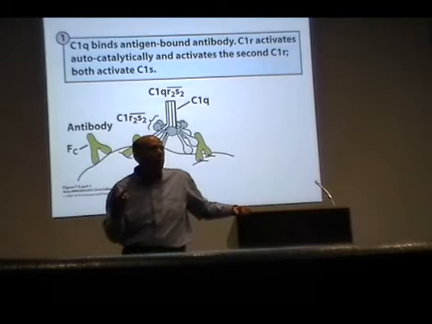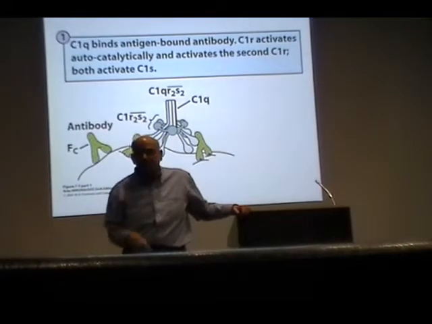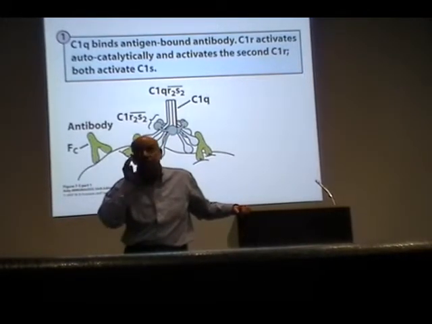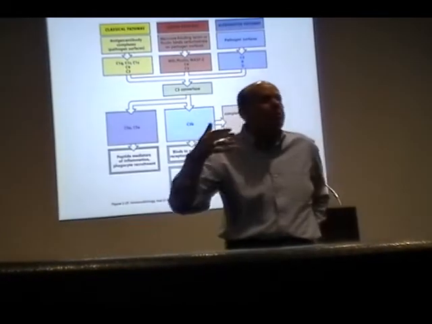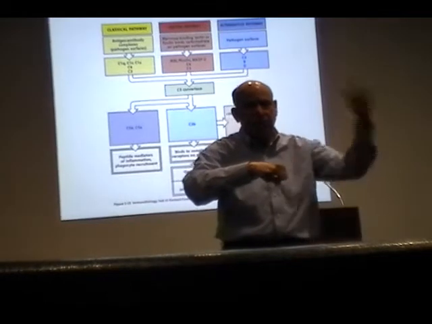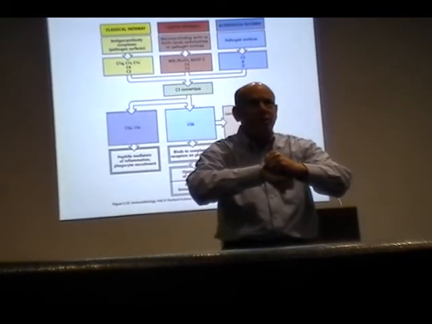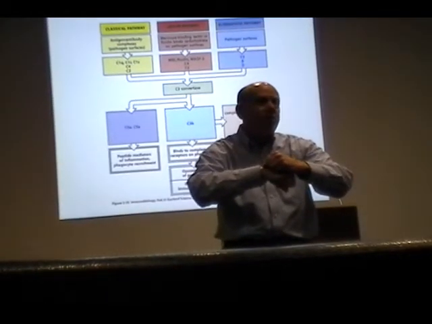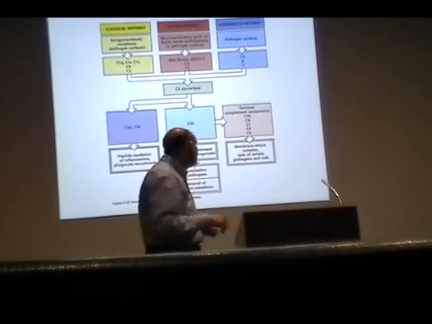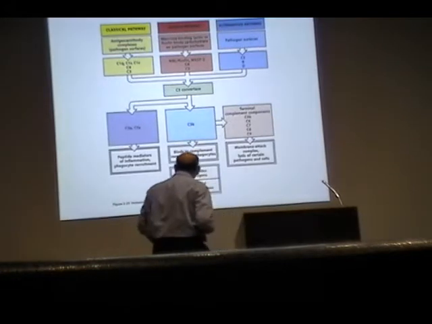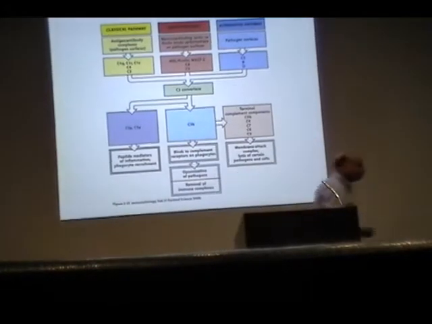So C4 and C2 are waiting in the wings, and we'll come back in 7 minutes and deal with C4 and C2. Keep remembering bound molecule, second bound molecule that gets cleaved by an active protease, and then you can create this convertase. So we're going to go pretty quick for the first 10 minutes to the next two topics.